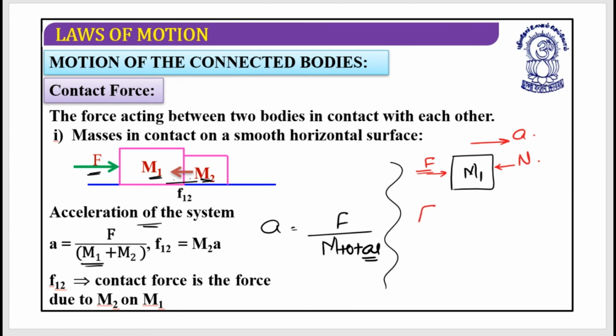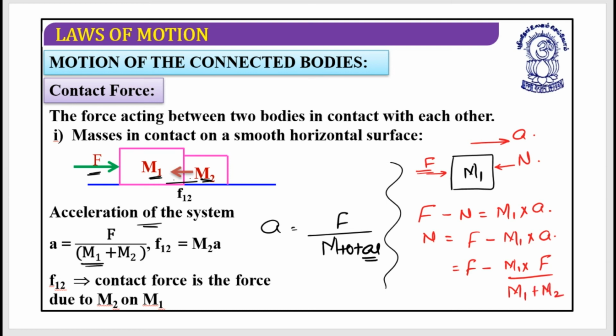So what I can have is F minus N is equal to m1 into A. So the normal force is equal to F minus m1 into A, and that could be written as F minus m1 multiplied by F divided by m total, which is m1 plus m2. Now the rest of the thing you can do. Is it clear?